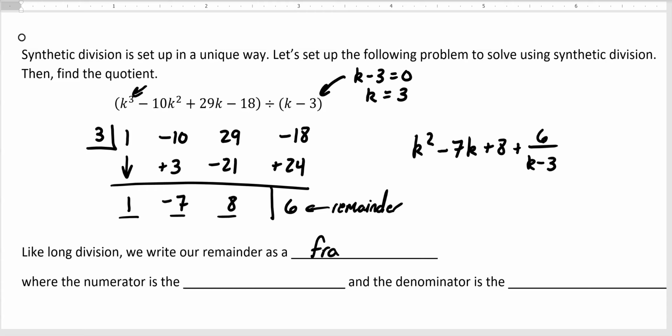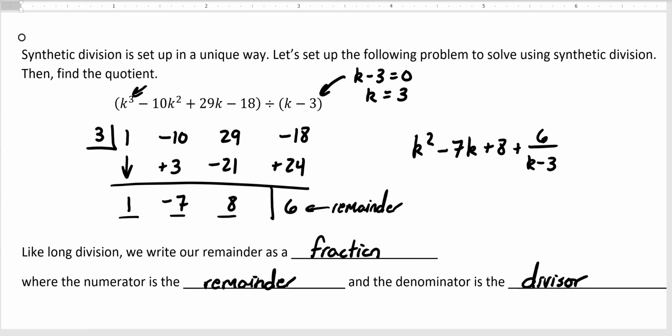Just like with long division, the numerator is the remainder and the denominator is the divisor. It's such a fast process to do this division.